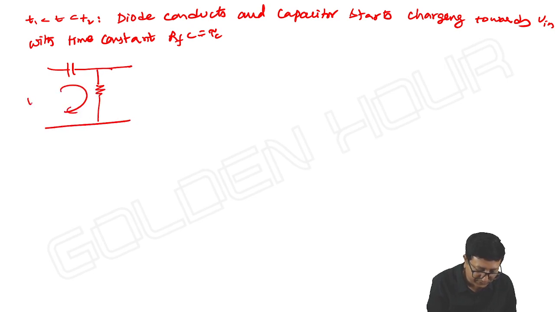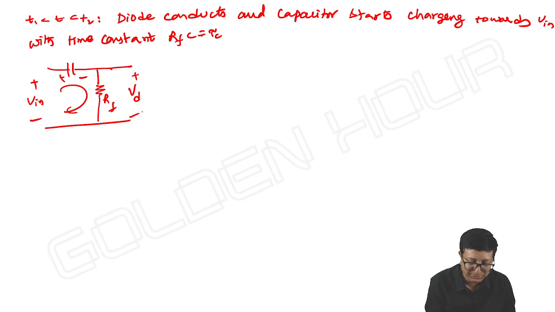There is a current flow, input, RF, and the capacitor will charge like this, and Vd or V output.